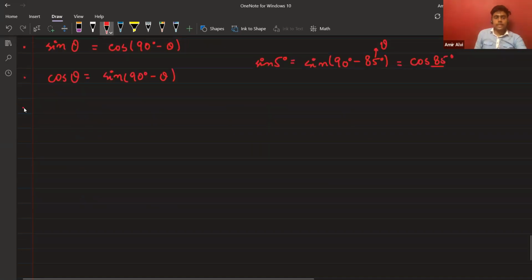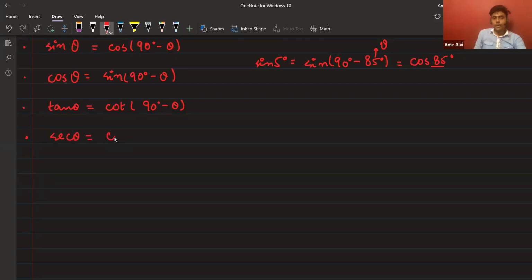So the next thing is tan theta. Tan theta is the complement of cot theta, 90 degrees minus theta. Next is sec theta.